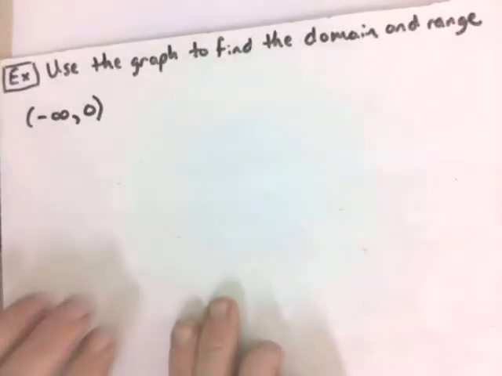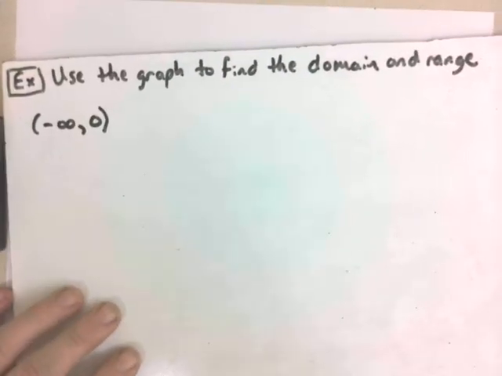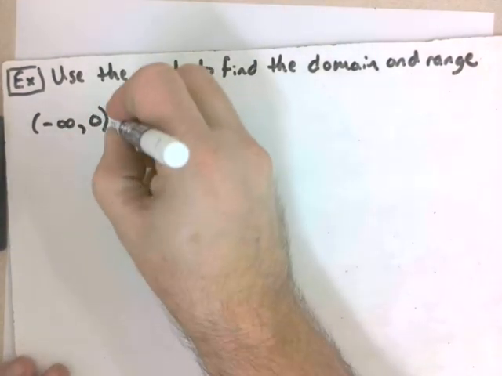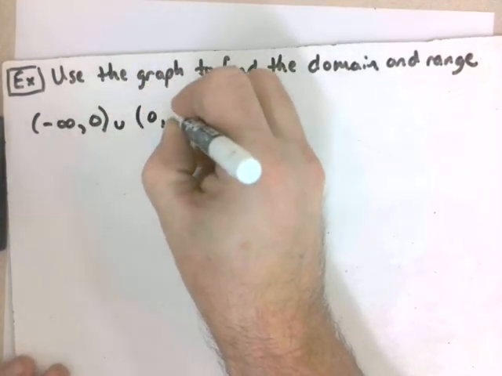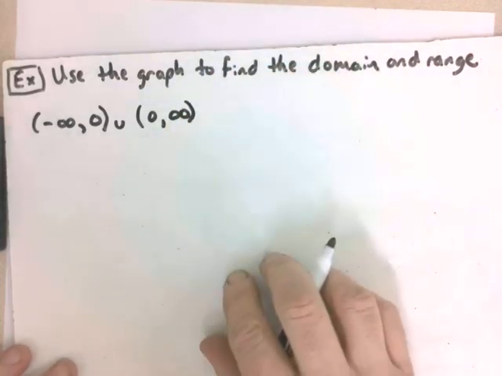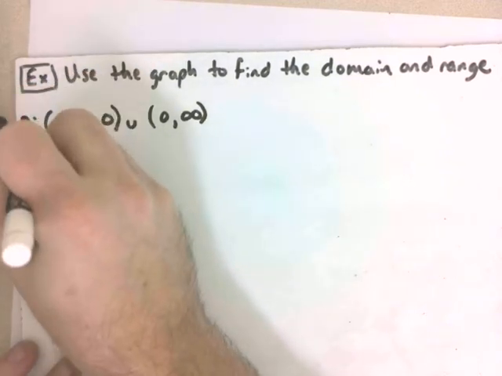So there are two parts to our domain: from -infinity to 0, and then from 0 to infinity. Basically, everything except for 0 is represented on the graph with an x value. So that is our domain.